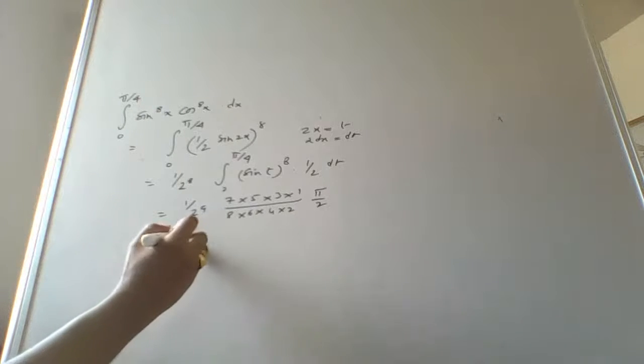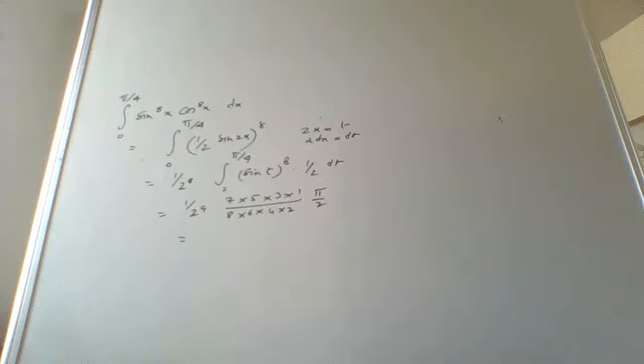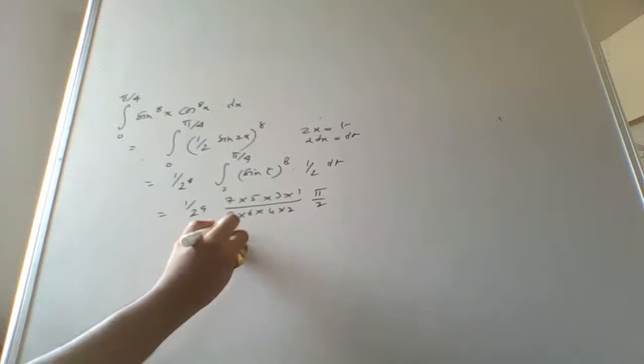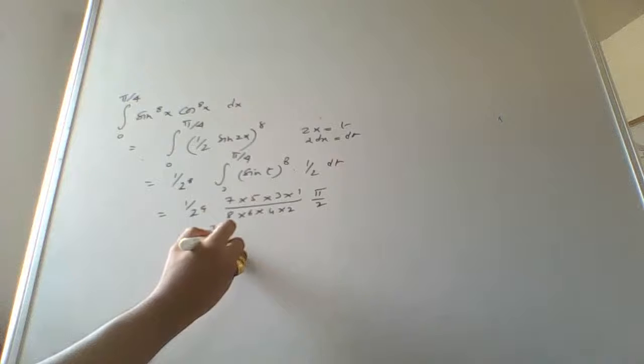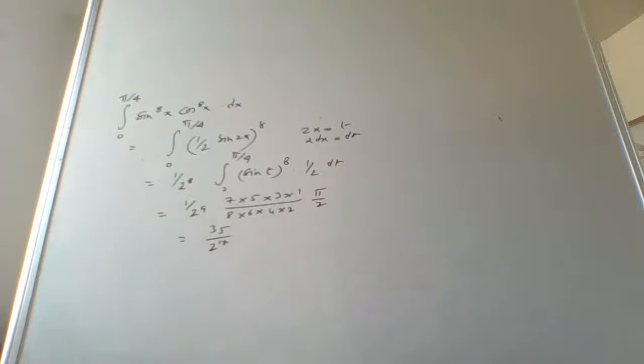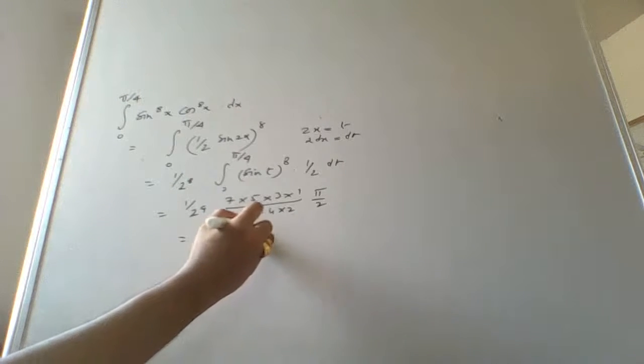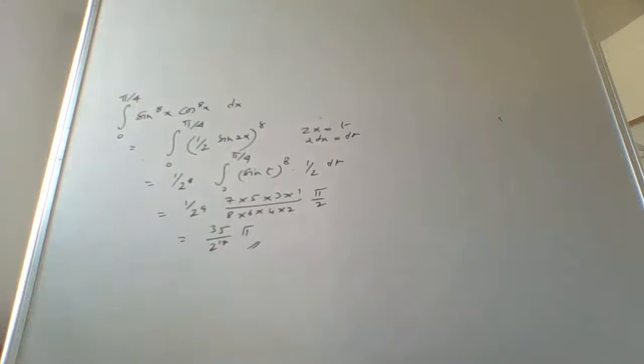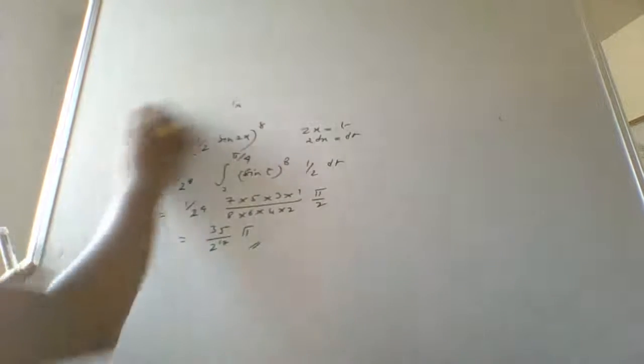So this would result in 35 pi by 2 power 17. So that will be the solution for this. I hope you understood this part. Let me move on to the next problem and try to evaluate those integrals.